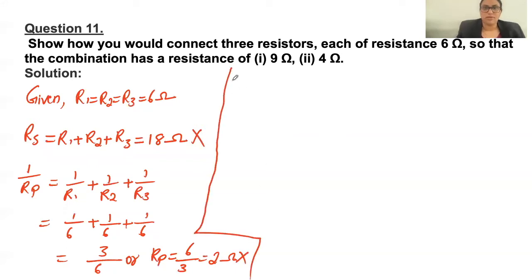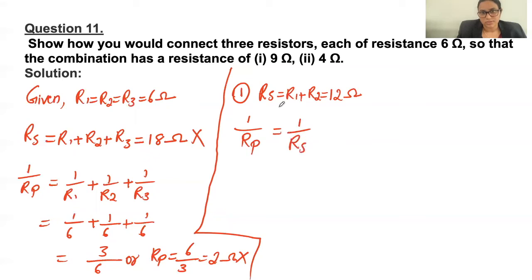How can we get the resistance values? So let us try with the first case. First two resistances in series, then parallel with the next resistance. So what we have, Rs is equal to R1 plus R2, which is equal to 6 plus 6, which is equal to 12 ohm. Next is connected in parallel. So 1 by Rp will be equal to 1 by the first two resistances in series, with the third resistor, that is R3.